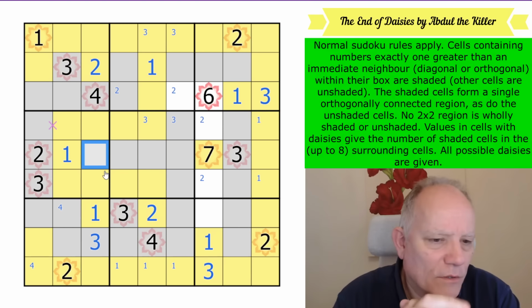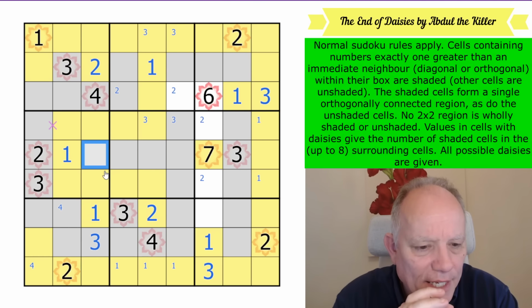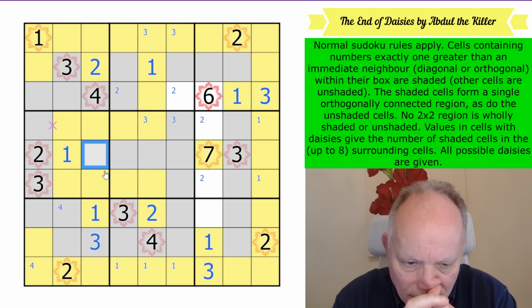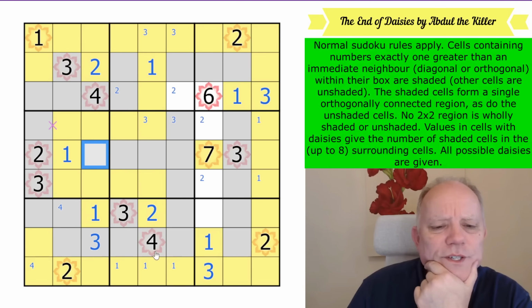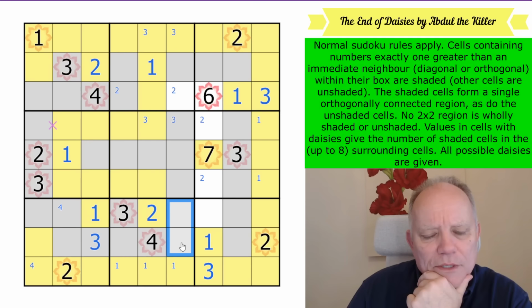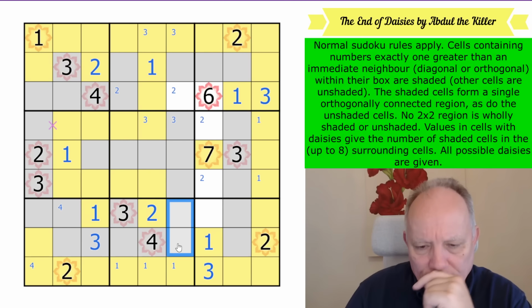I don't think that tells me anything about what it actually is, frustratingly. It's very difficult. I don't know what the target cells of these grey cells are.